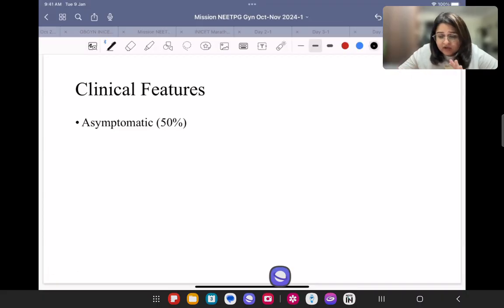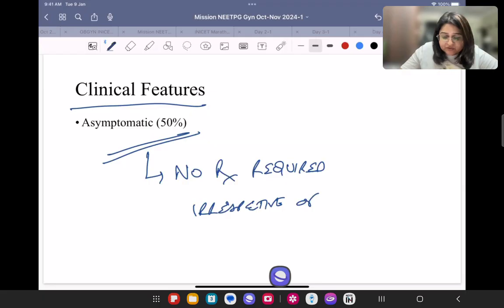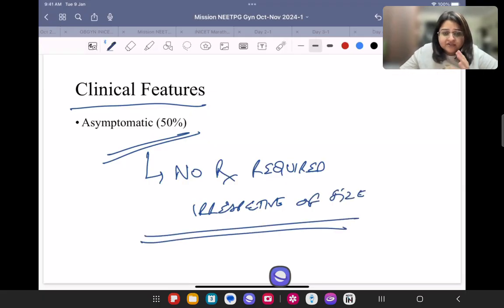Now coming to how a patient with fibroid presents. Majority are asymptomatic. They have no symptoms whatsoever, and if they have no symptoms, no treatment is required, irrespective of size. Even if they are very large fibroids, you don't have to treat them. They are incidental, just a finding on the ultrasound.